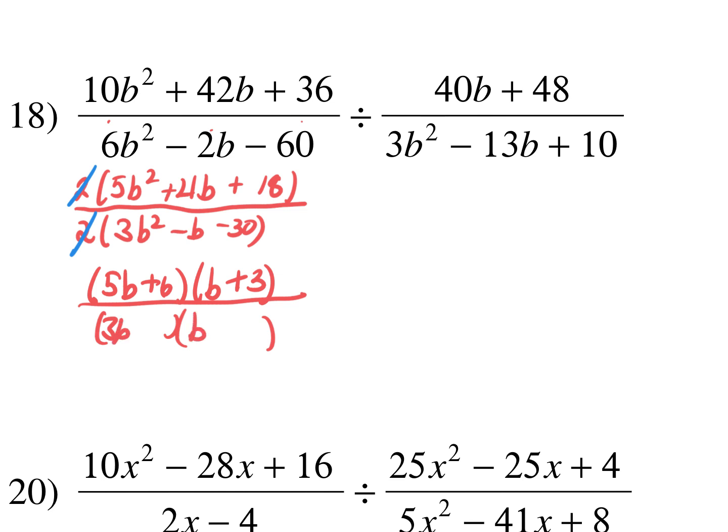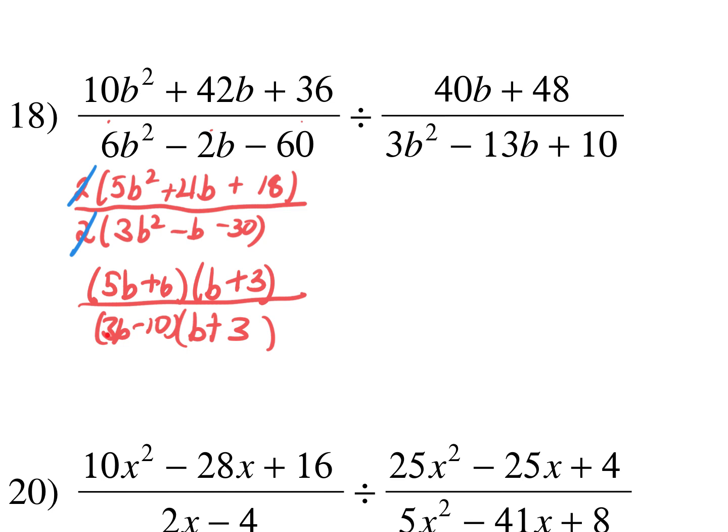And we see that we have to have a negative 30, so that means we're going to have a positive and a negative factor. And then we need to make a middle term of negative 1b. So you might need to try a couple of different combinations to come up with 3b minus 10 and b plus 3.